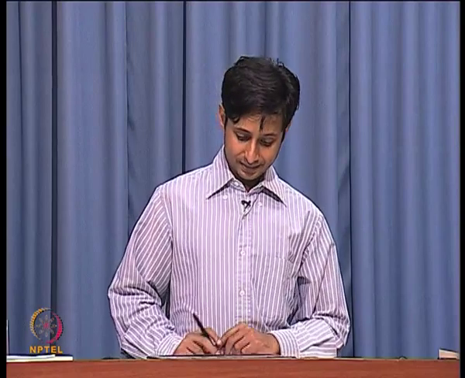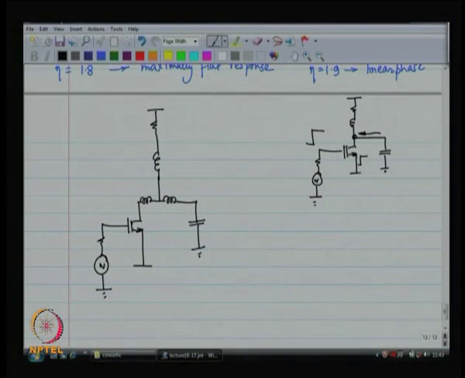Now, the inductor is blocking current through the resistor completely. So, all the current has to come from the capacitor, which means that the capacitor is going to discharge faster. All right. This is the step.